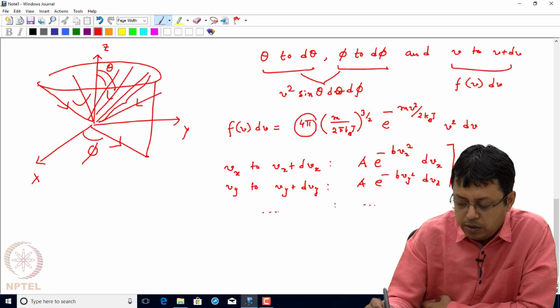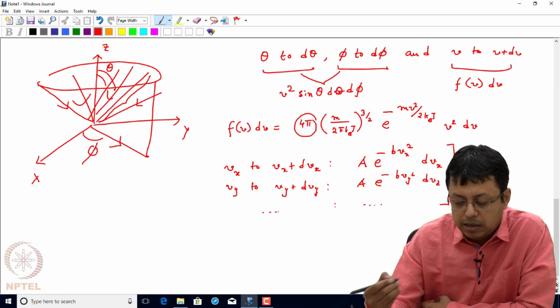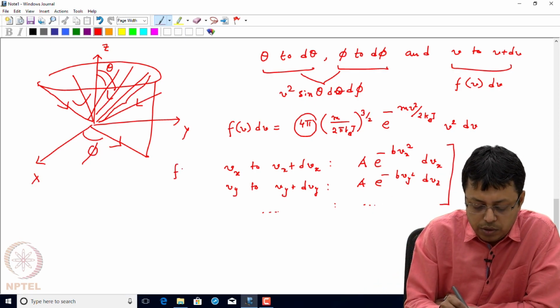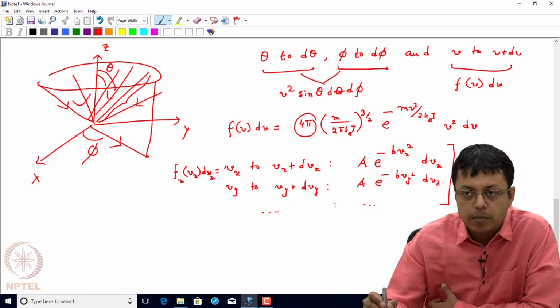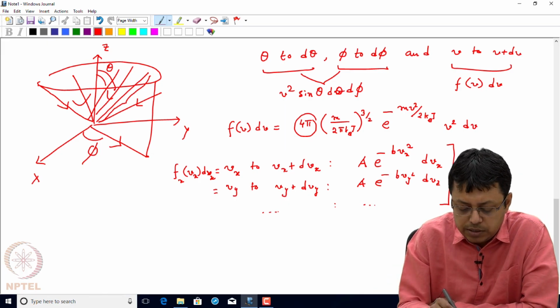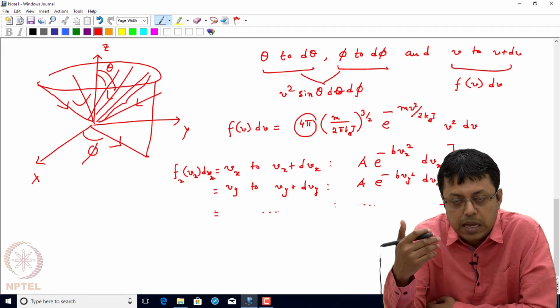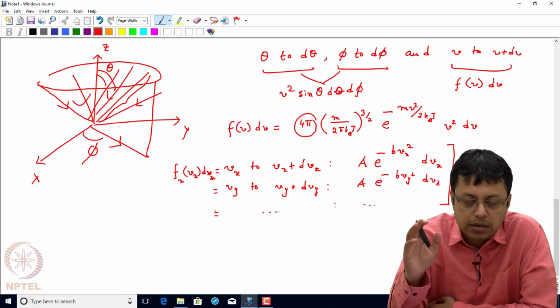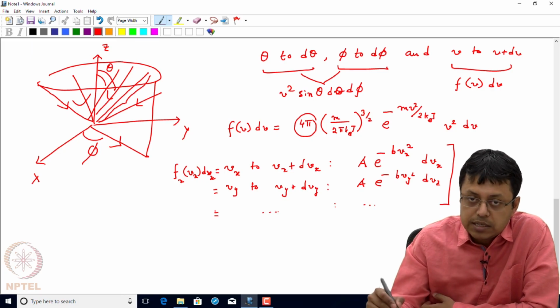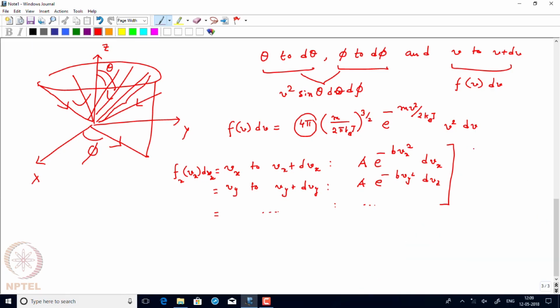Together we take the multiplication, because the x, y and z component distributions are probability distributions, and since the distribution in any direction is independent of the other directions, we take the total distribution as a multiplicative thing.